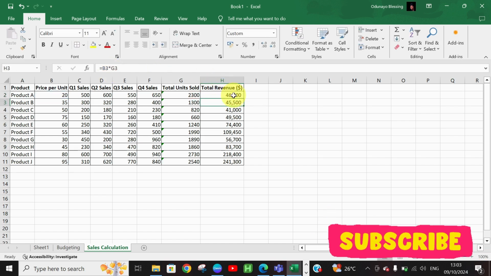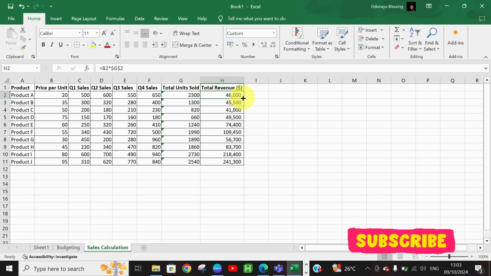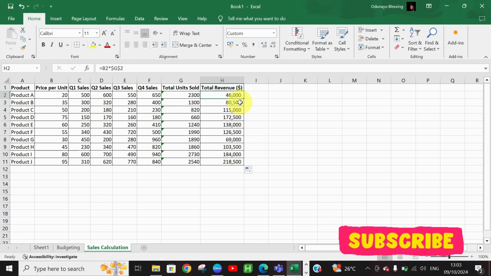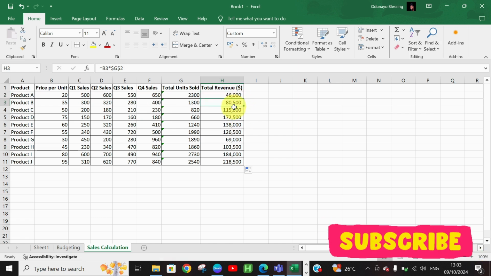For the first one, it'll still be the same thing, but for the others, there will be changes. So the sales that was made for the whole year on all of the products are the same: locked up, locked up, locked up, locked up.